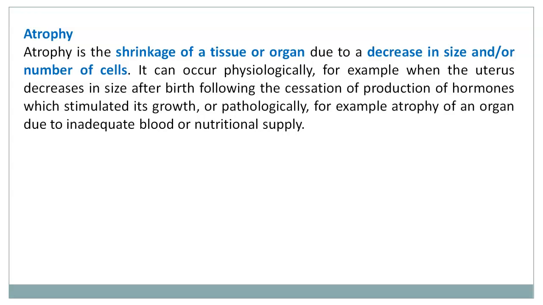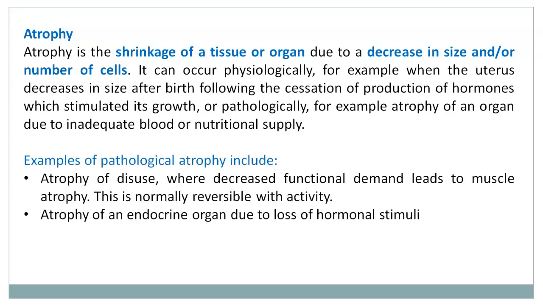So in both cases, atrophy will occur. More examples: atrophy of disuse, where decreased functional demand leads to muscle atrophy, and this is normally reversible with activity. Second example, atrophy of an endocrine organ due to loss of hormonal stimuli.